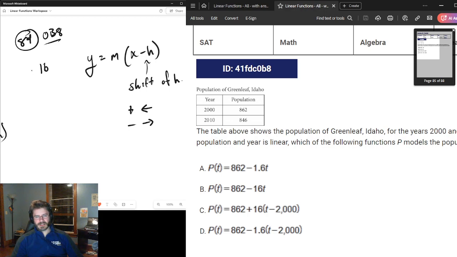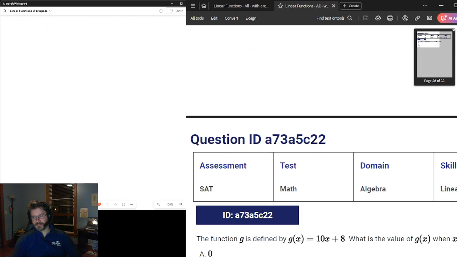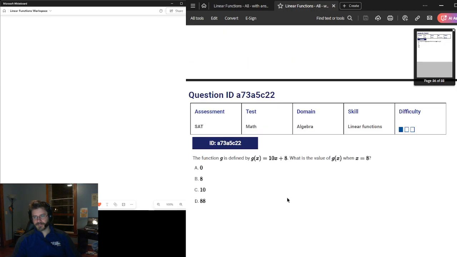It was down 16 over the course of 10 years, because the change from 862 to 846 is 16, and the change from 2000 to 2010 is 10, so that would be down. Doing that division, you get 1.6, so that gives us the answer A. That's that one.